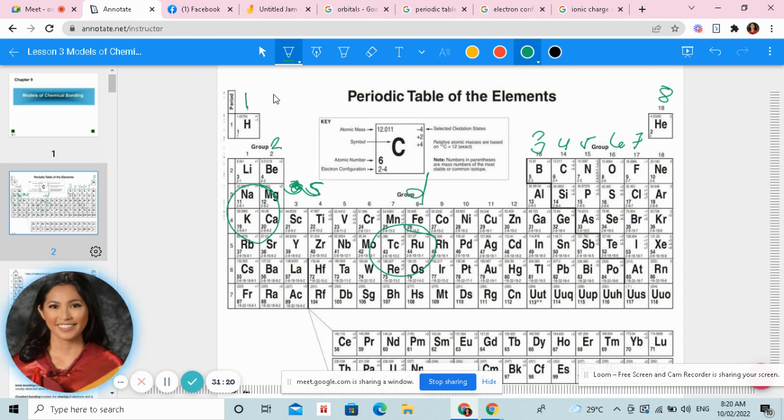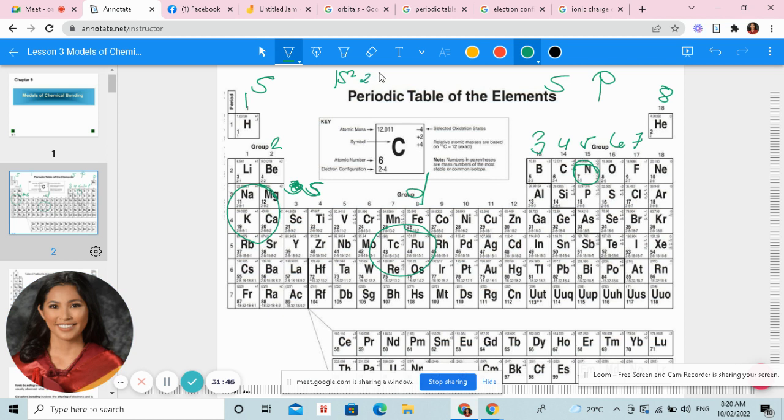Because for this group, the metals only have electrons in the S orbitals. For non-metals, we include the electrons in the S and P orbitals, right? Okay, if we have nitrogen, what's the configuration of nitrogen?